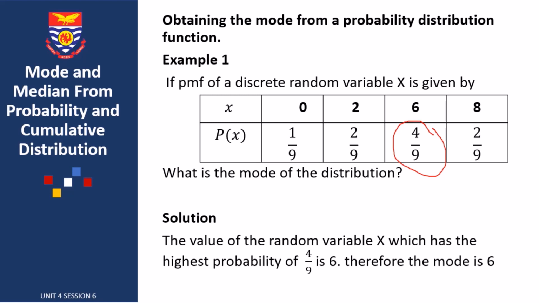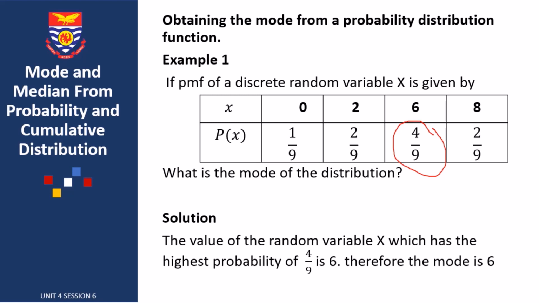So in a simple sentence, the mode of a discrete random variable may be defined as the value of the random variable which has the highest probability of occurrence. So we started with the example before getting the definition. Now you got it.